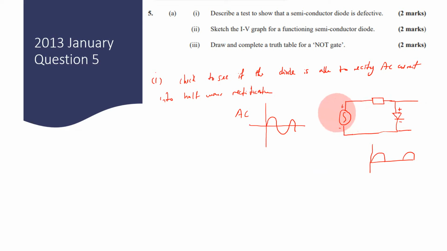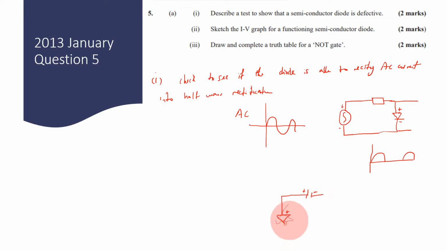Now, as you're seeing here, this is when the diode is in what we call forward bias. That is simply when the positive terminal, let me use a battery in this case, is connected to the positive side of the diode.